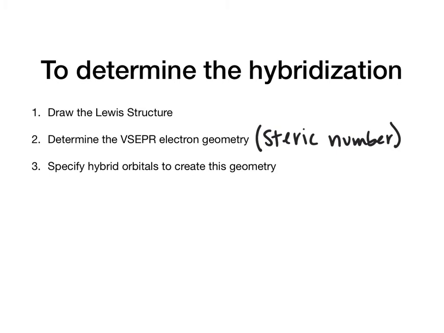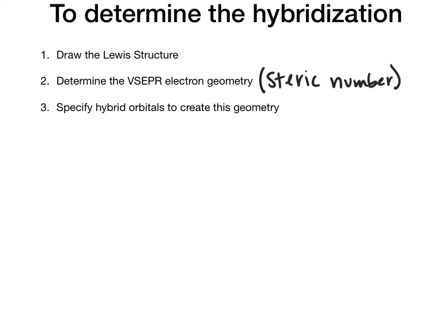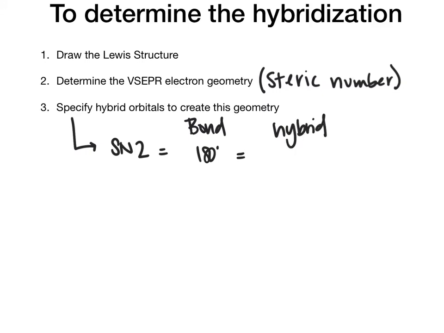So what we learned in the previous slide, or just a second ago, was that the orbital orientation tells us different structures. So in this case, what we're going to notice is that certain steric numbers correspond to specific hybridizations. So for a steric number of 2, we know that the bond angle is 180 degrees. We know that a hybrid orbital, sp, is also 180 degrees.